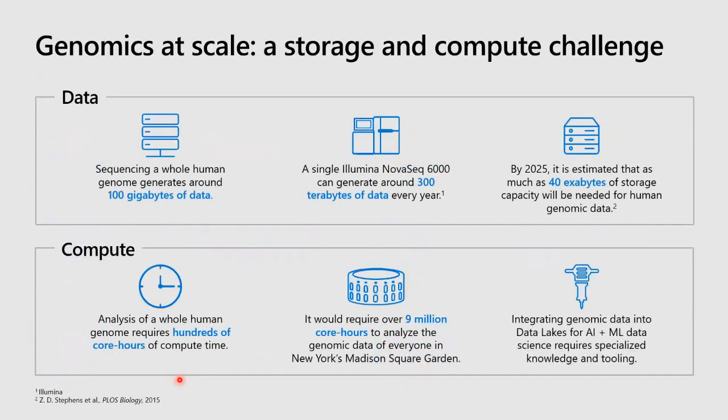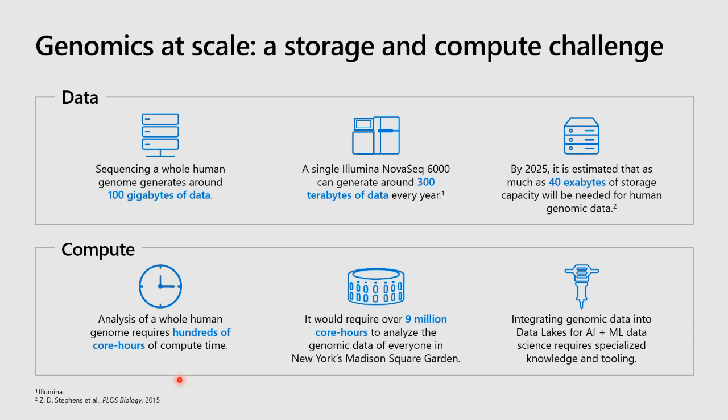But dealing with data at such a large scale is a unique challenge that all genomic scientists have to work with. And this challenge really breaks down into three segments. First and foremost, when we sequence a genome, that is reading back the information that's encoded within an individual person's DNA or an individual sample's DNA, we generate over 100 gigabytes of data for that individual sample.